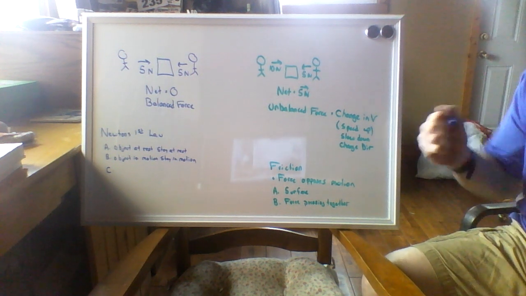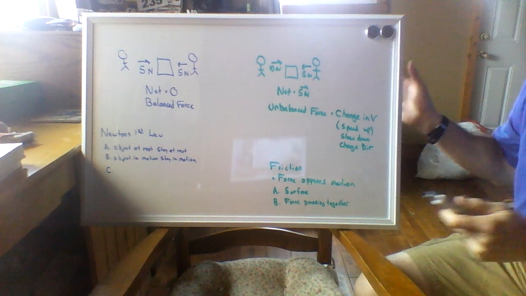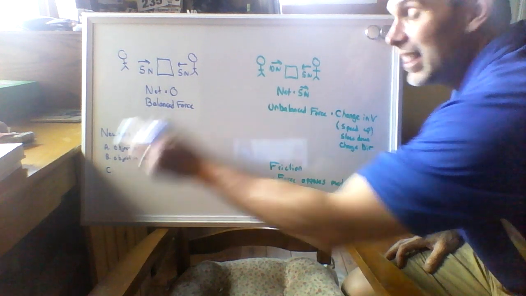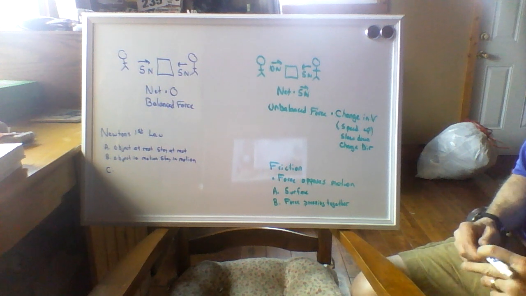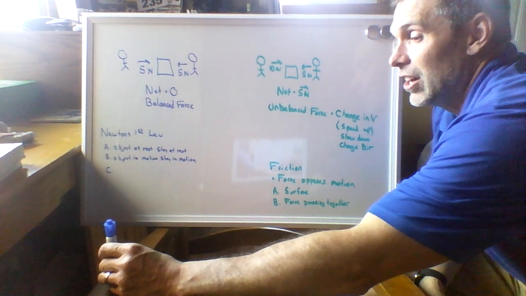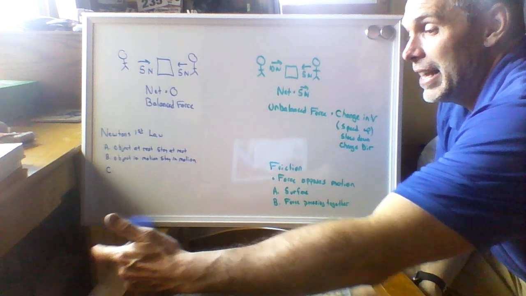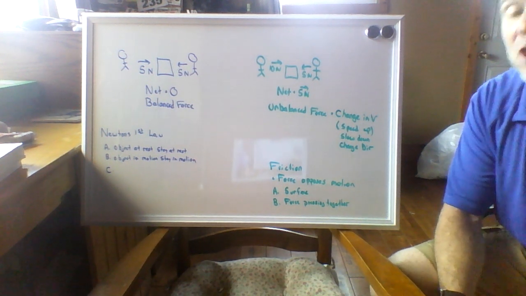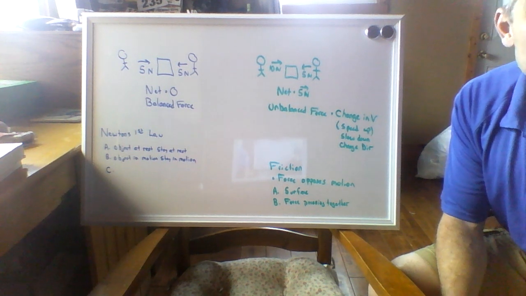The third part of Newton's first law of motion says unless, part C here, unless acted on by an unbalanced force. Well, the unbalanced force acting on this marker would be me hitting it, pushing it, moving it. The unbalanced force acting on that ball rolling across the floor is going to be the force of friction, slowing it down.